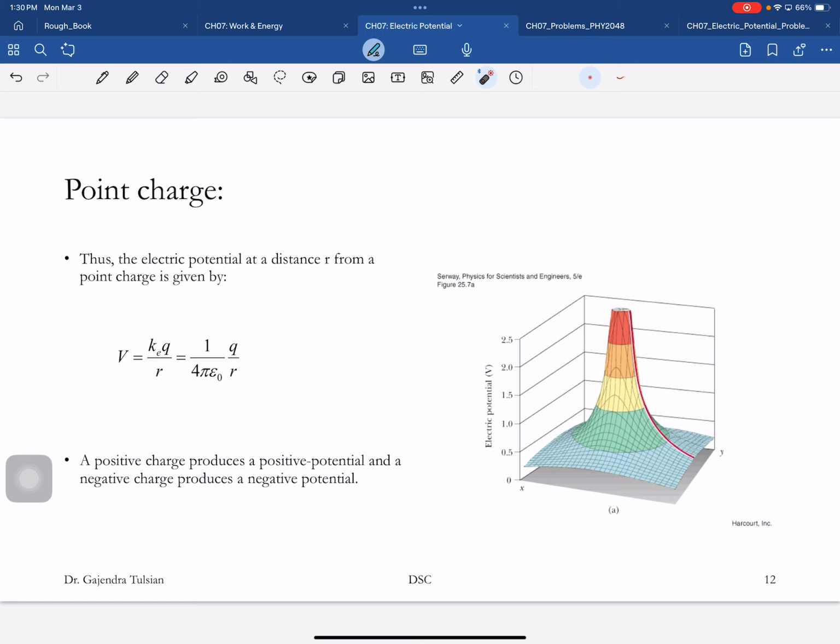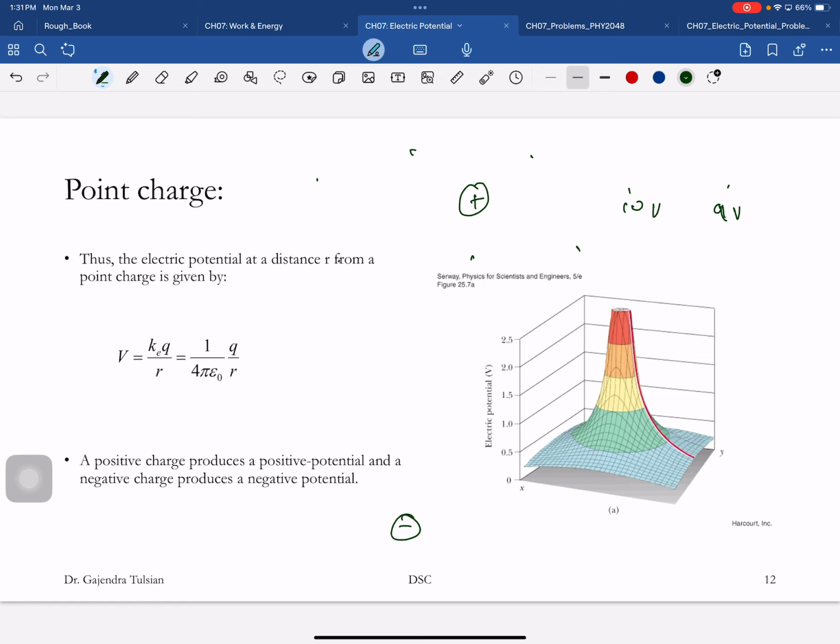If Q is positive, so if you have a positive charge, the potential is positive. So if this is 10 volts, what would be the potential here? Lower, 9 volts and so on. That's what this is giving you.